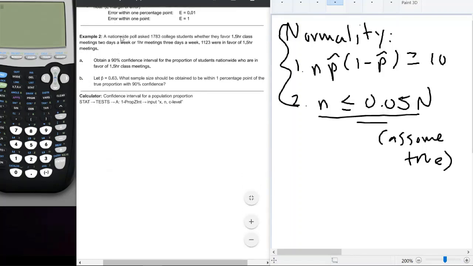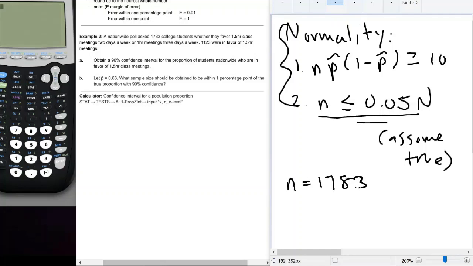So first let's gather our variables. A nationwide poll asked 1783 college students, so that's our sample size, 1783, whether they favor hour and a half meetings 2 days a week or hour meetings 3 days a week.